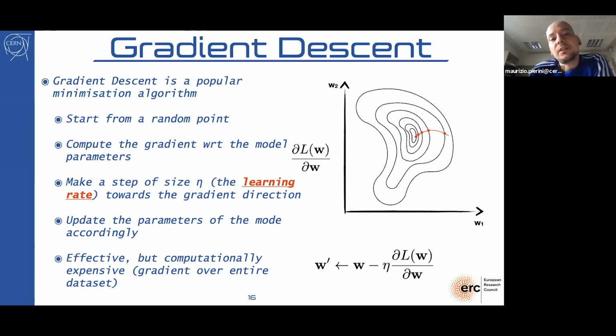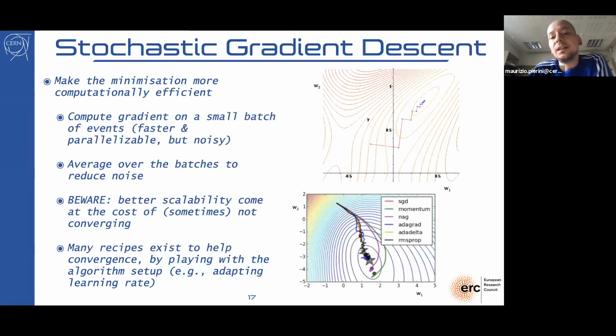Of course, gradient descent itself is very effective, but it's also very slow, because when you compute the gradient, you have to do it with respect to your full data set. And every modification that you make of the parameters requires you to rerun on the full data set.